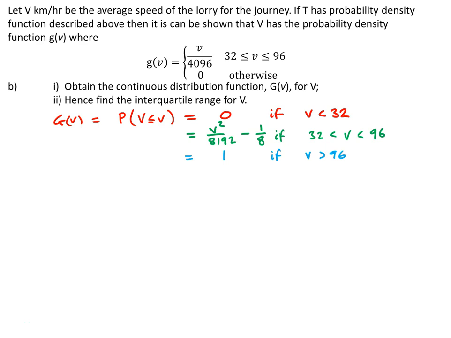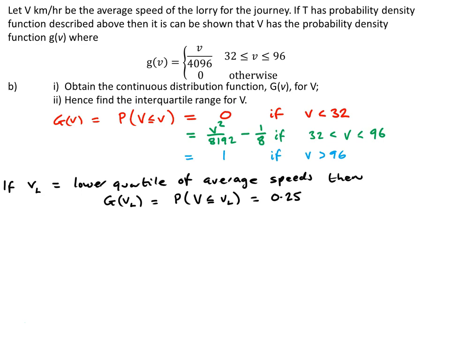Now that we have got the continuous distribution function for v, we can find the interquartile range for the average speed. So let's use the symbol v subscript L for the lower quartile. Then we know that the value of the distribution function at the lower quartile must be 0.25.